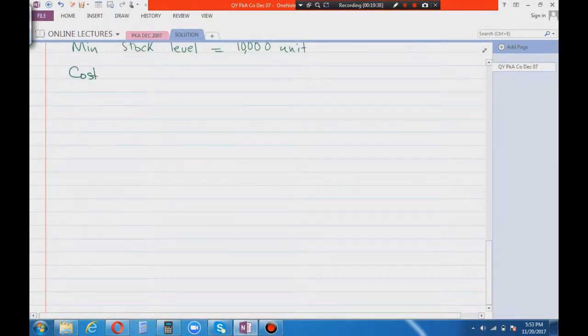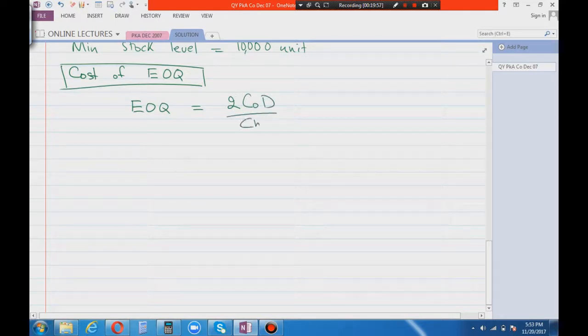So cost of economic order quantity. If you order in economic order quantity, then what would be the cost? Well, the formula for economic order quantity is 2 fish and chips. Basically 2 multiplied by cost of ordering multiplied by demand divided by cost of holding, and then the square root, right? I call it 2 fish and chips because it looks like 2 got divided by chips.